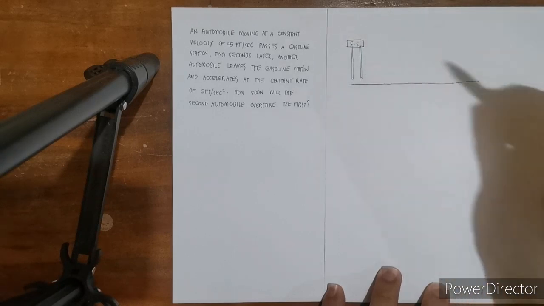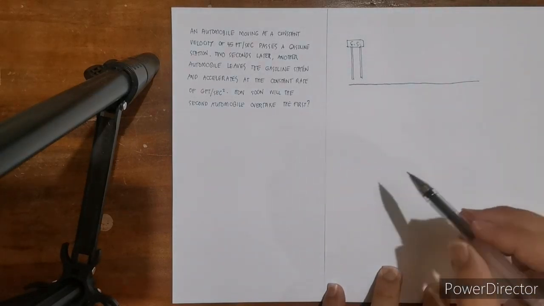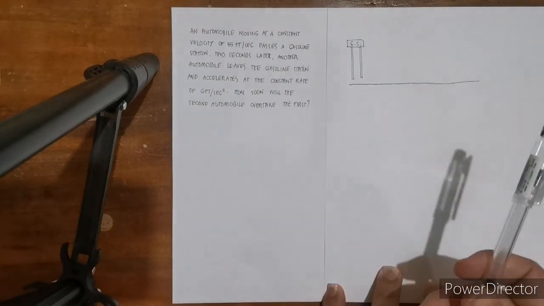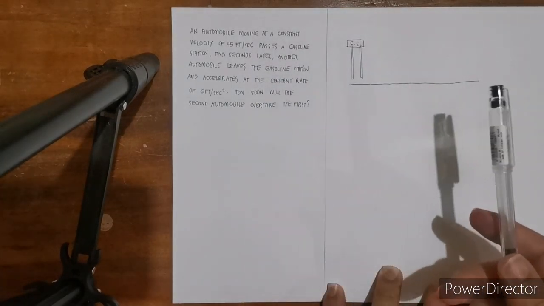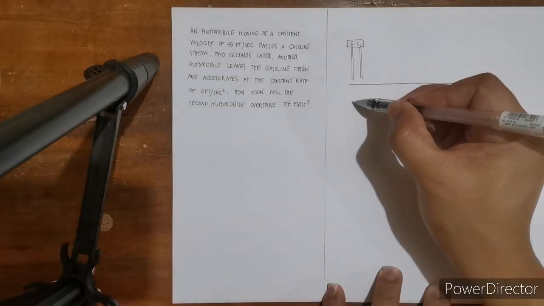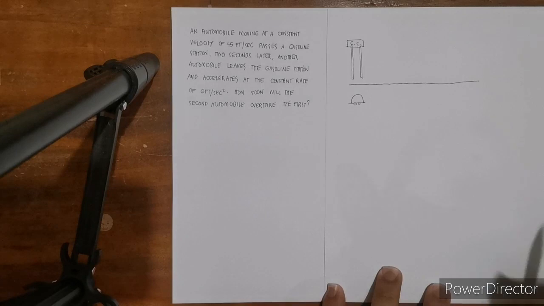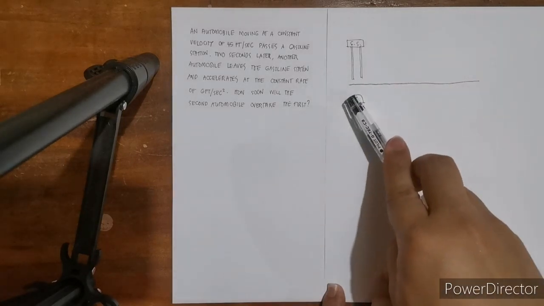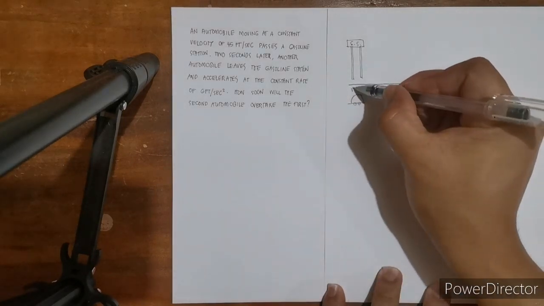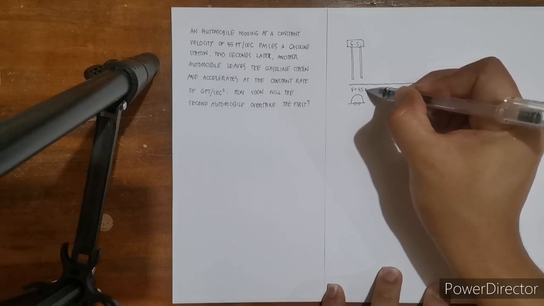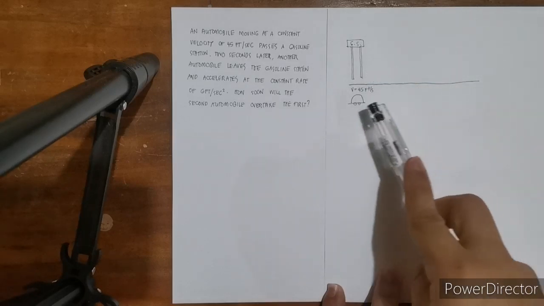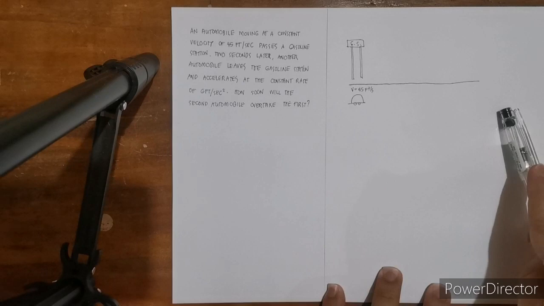Sabi doon sa una, an automobile is moving at a constant velocity. Passes the gasoline station. So, when it passes the gasoline station, the velocity is 45 feet per second. Since constant yun, all throughout of its motion, hindi nagbago yung kanyang velocity.